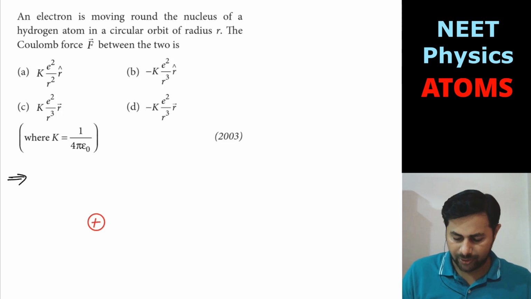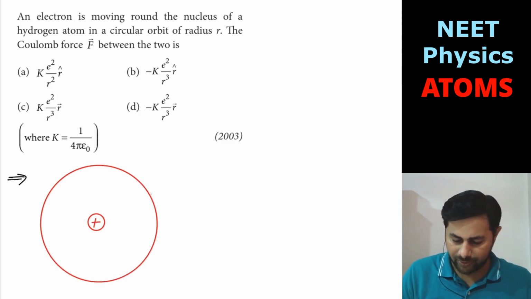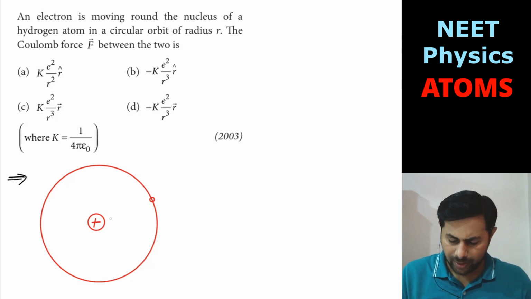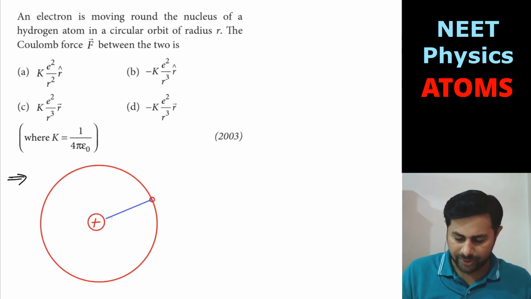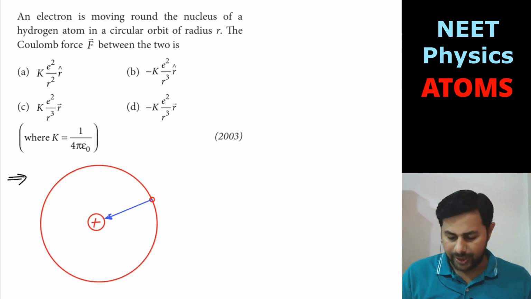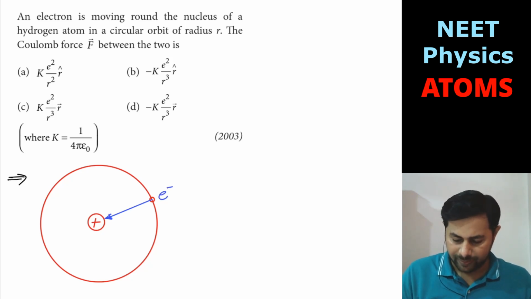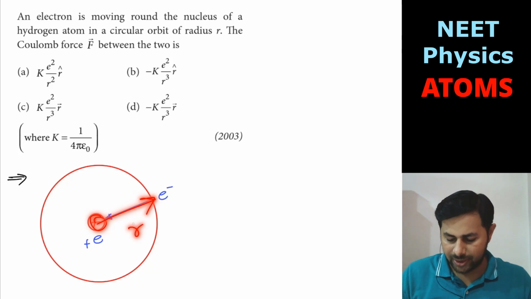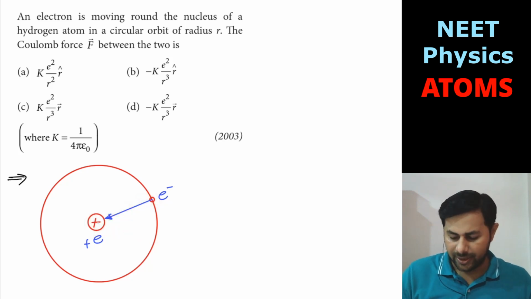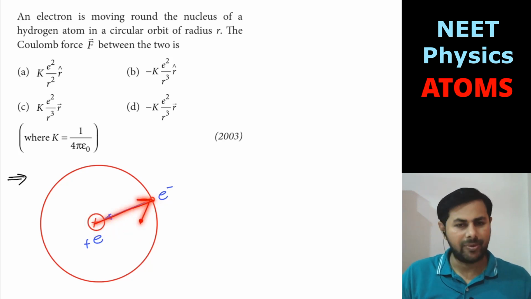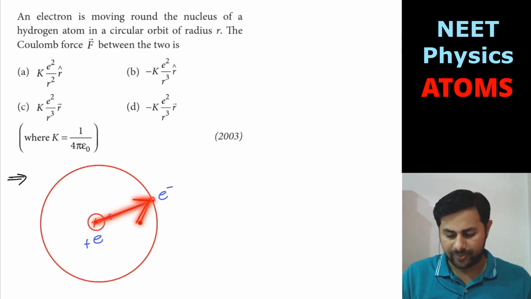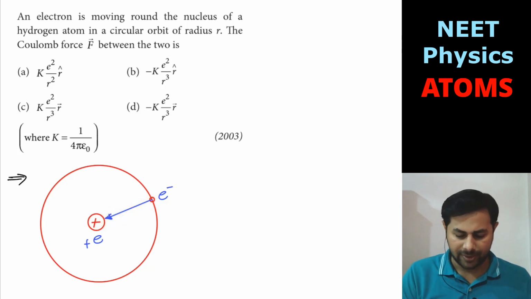Suppose this is your nucleus and this is an electron revolving around the nucleus, then there would be a centripetal force, the Coulomb force acting on the electron, which is directed towards the center. If you draw a position vector of this electron, this is r bar, directed along the radius but away from the center. The Coulomb force is directed opposite to that, minus r bar, right?